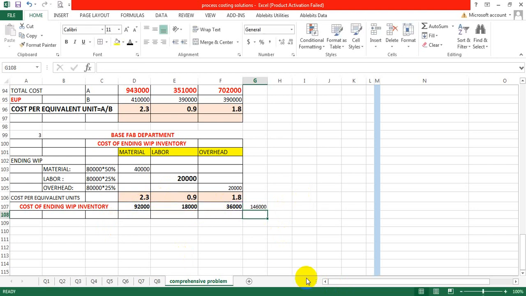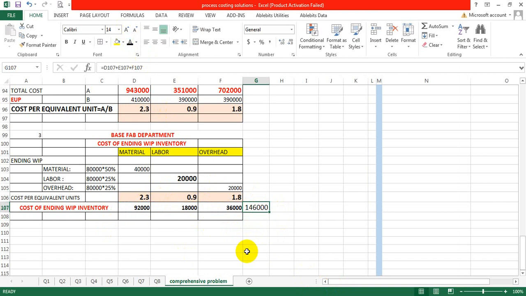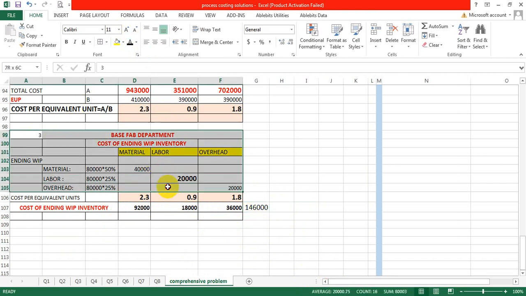So my ending WIP cost is 1,46,000, or we have seen in our above as well, right? 1,46,000.